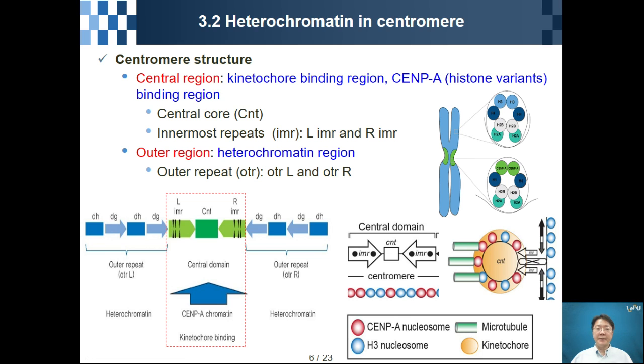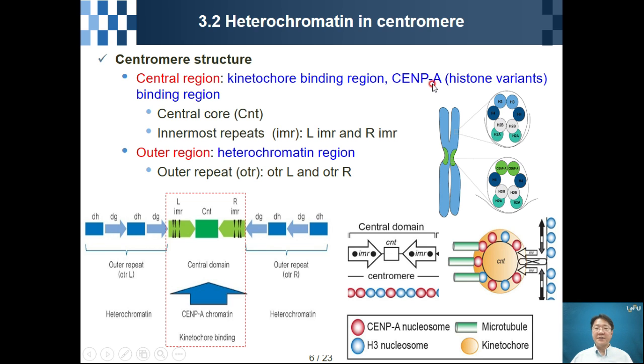Actually, in the central core region, this region is the kinetochore binding region. So this is the kinetochore. This is the kinetochore binding region, and the CNT region is also the CENP-A binding region.